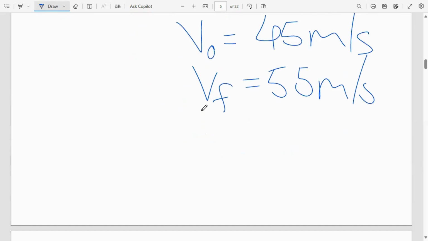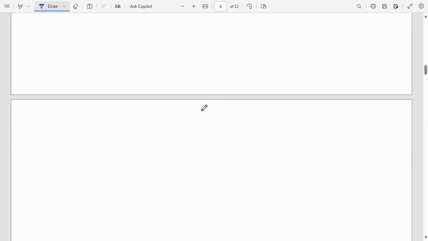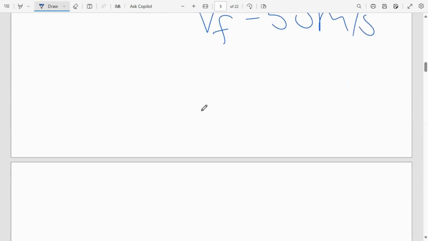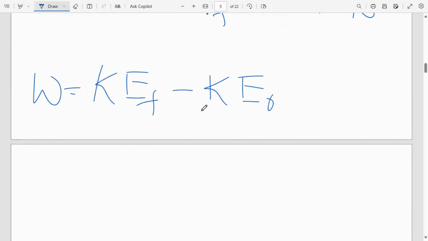So we can use that information to calculate the work done on the rocket using the work energy theorem. So my work is equal to KE final minus KE initial.